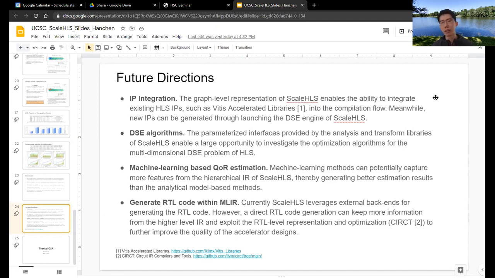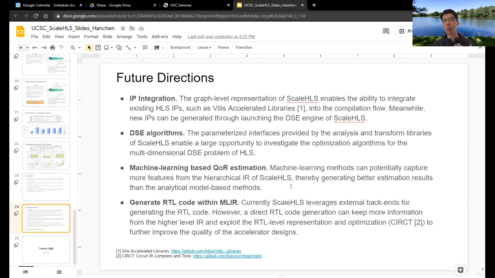And meanwhile, for now, because Vivado high-level synthesis or other commercial tools take arguably a long time to do the compilation, which makes it hard to do automated design space exploration, we developed the quality of result estimator to speed up the evaluation of a design point and enable the design space exploration.